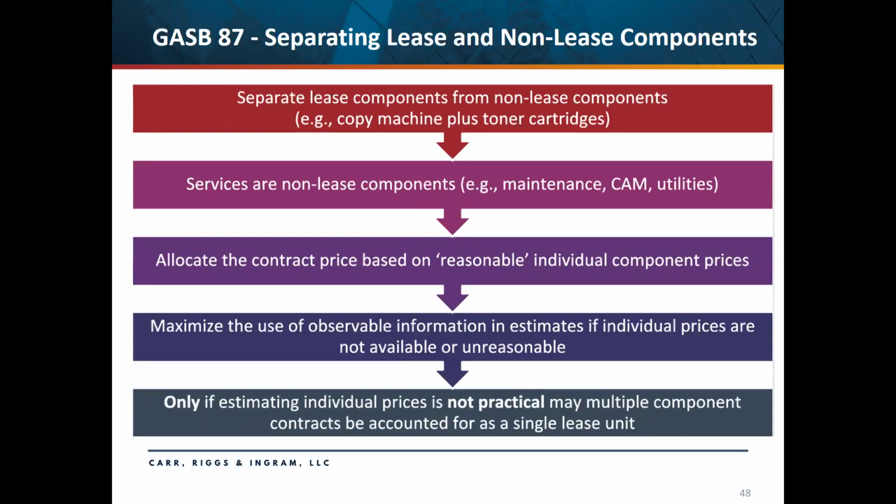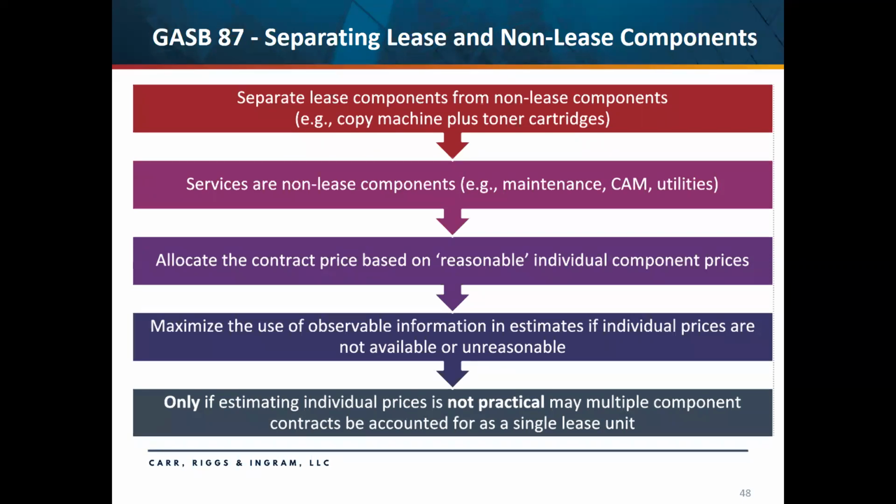What if we have separate lease and non-lease components? So this happens. If we have a lease and it's, let's say, for a copier, you might have a piece of it that's going to be subject to 87, but maybe they have a service arrangement for the copier that's not going to be subject to 87. So separate lease components we need to segregate out from those that are going to be impacted by 87 and those that will not be impacted by 87. Services are non-lease components. So maintenance, CAM, utilities, those are all non-lease components.